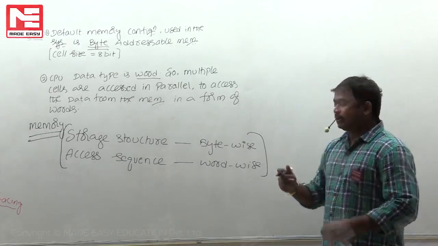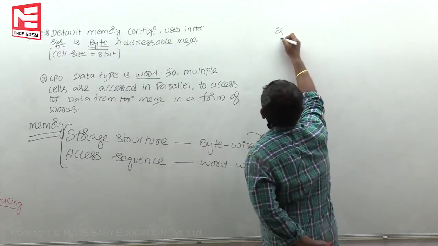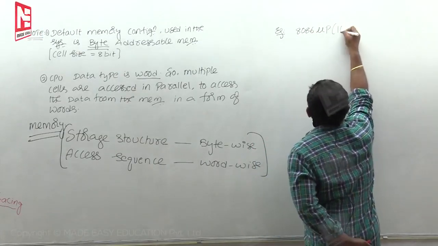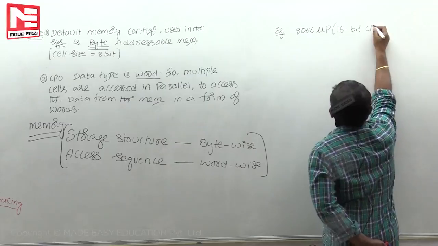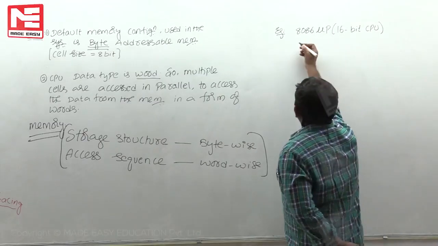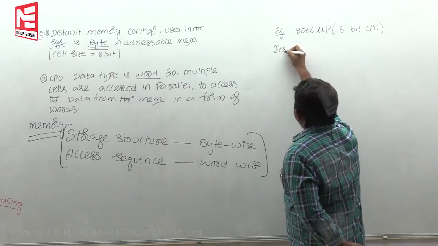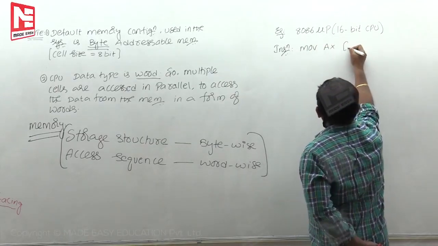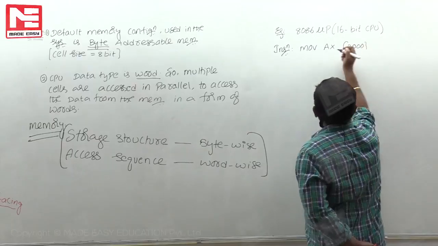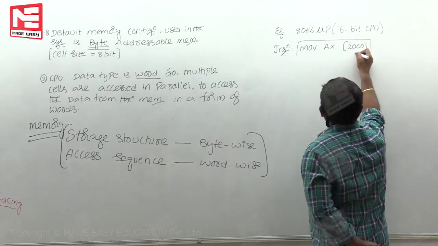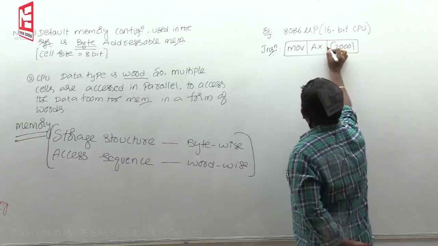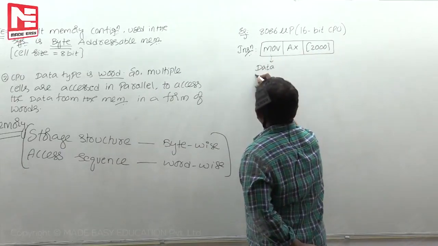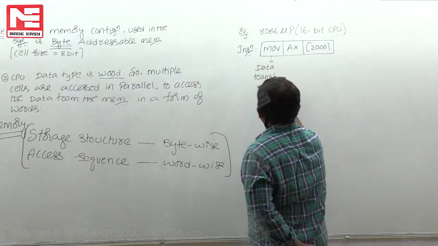Let us see an example. Consider the 8086 microprocessor. It is a 16-bit CPU. Okay. In this CPU, let us take the instruction MOV AX, 2000. MOV is an opcode indicating the type of operation, that is a data transfer operation.